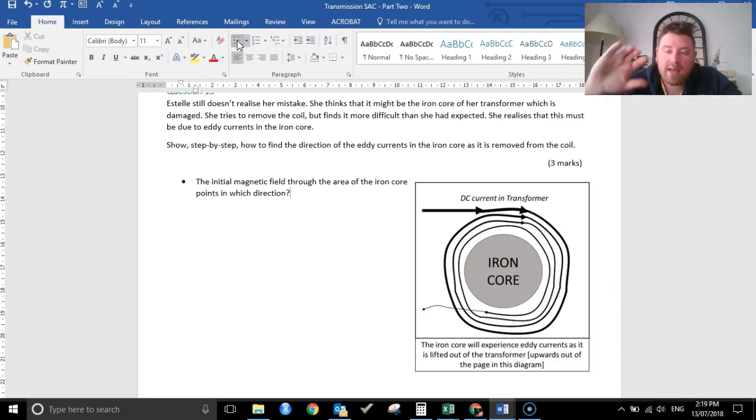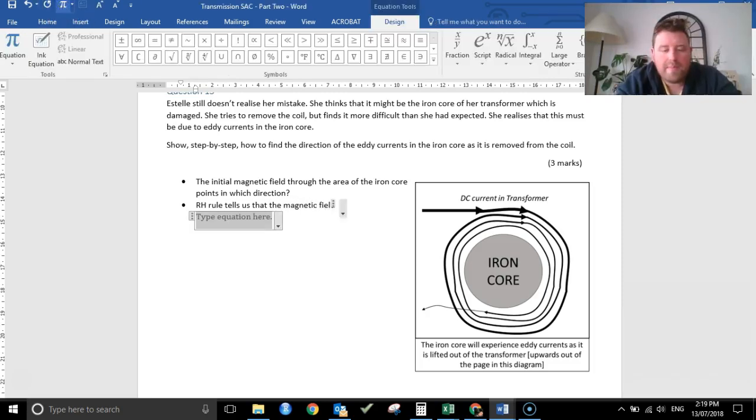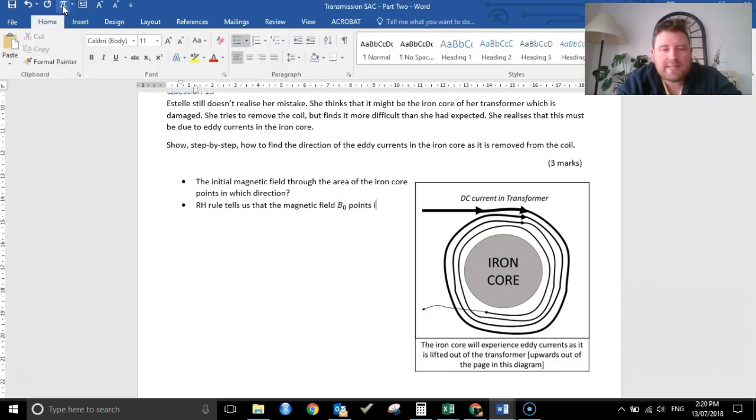If we use our right-hand curl rule, we'll see that that means that we're actually standing at the southern end of that magnet, which means we have magnetic field lines which are going away from us. They're going into the page. So right-hand rule tells us that the magnetic field, let me call it B0, points into the page. Right?